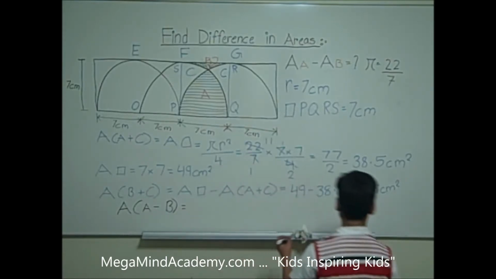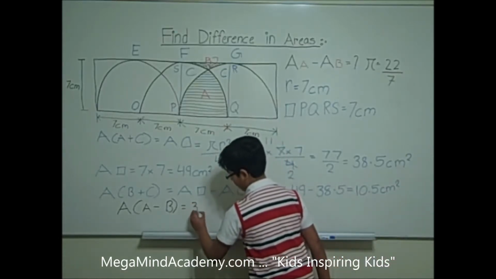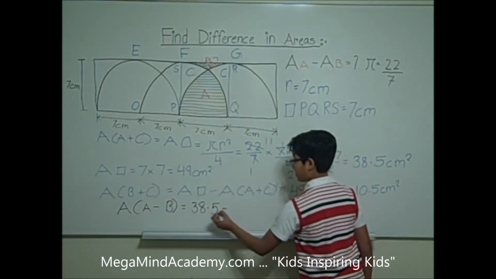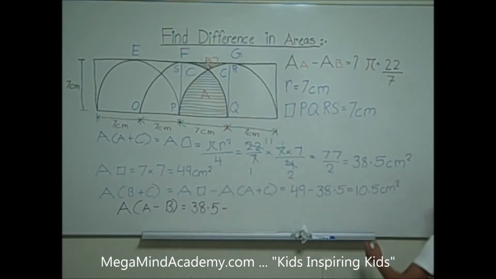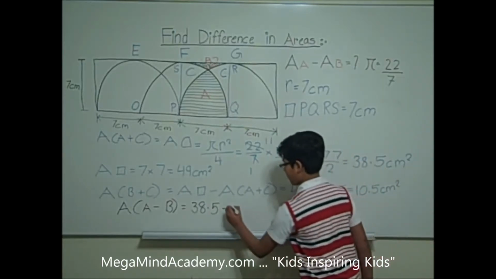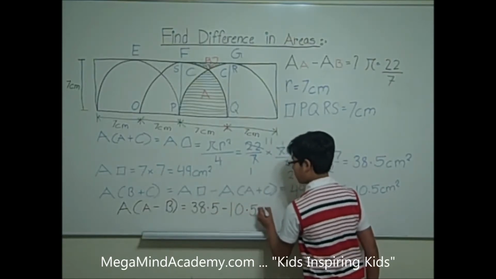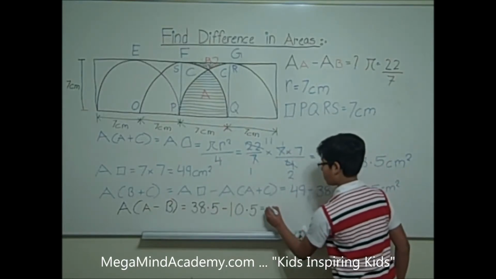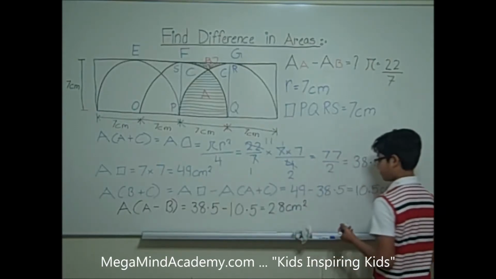So it's equal to 38.5 centimeters squared minus the area of B plus C, which is 10.5 centimeters squared, which is equal to 38.5 minus 10.5, which is equal to 28 centimeters squared.